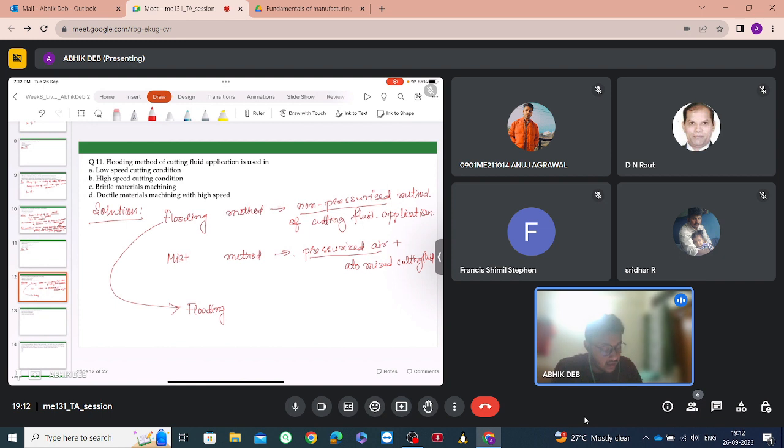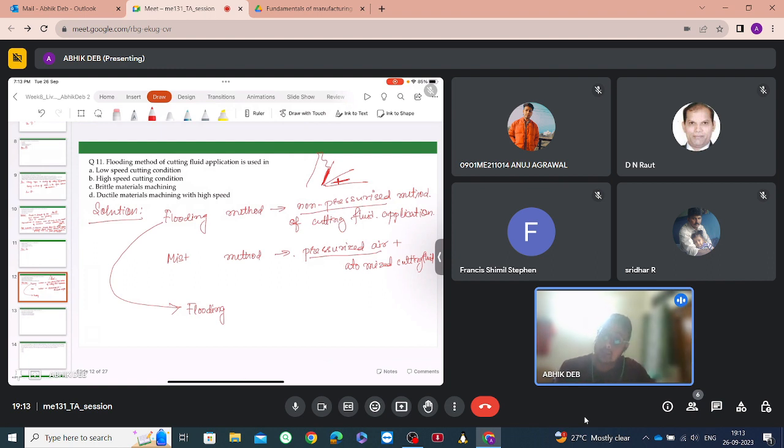Even if you dip this entire cutting zone into a barrel of cutting fluid, only a fraction of the cutting fluid will reach this zone. It does not matter how much cutting fluid you are applying if it does not reach this zone.